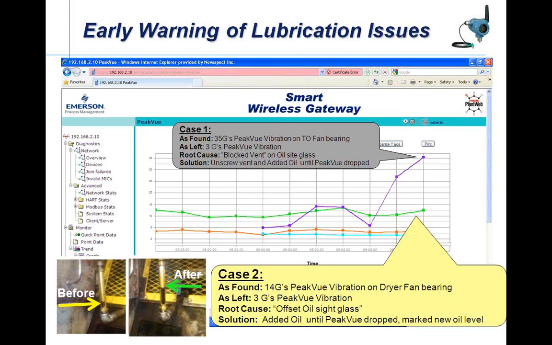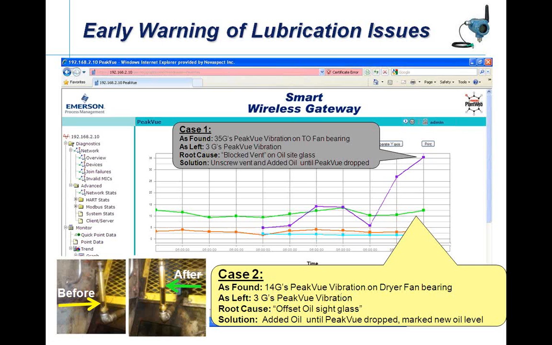They continued to add oil until the PeakVue was lined up, and the beauty of these examples is that if we can catch them at the lubrication issue, we can avoid the failure altogether. The second case at this site was this green line, and you can see this was running about 14 Gs.